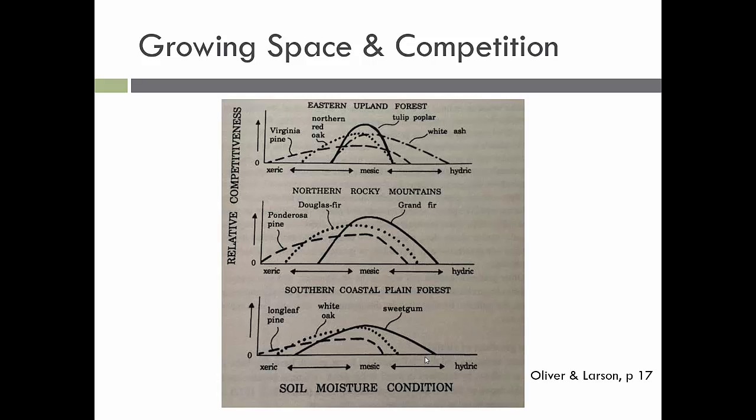And this is a good example. It's from Oliver and Larson. So this is an example of this range of soil moisture and how competitive a species is. So if we go back, we looked at Virginia pine and tulip poplar in the last lecture.